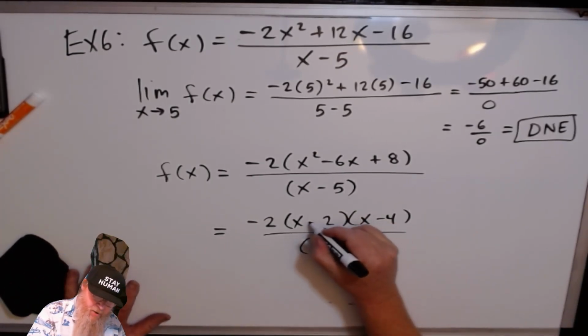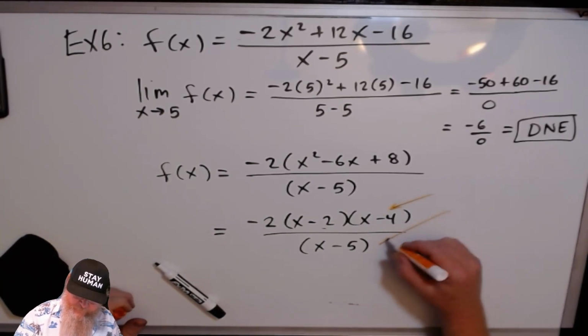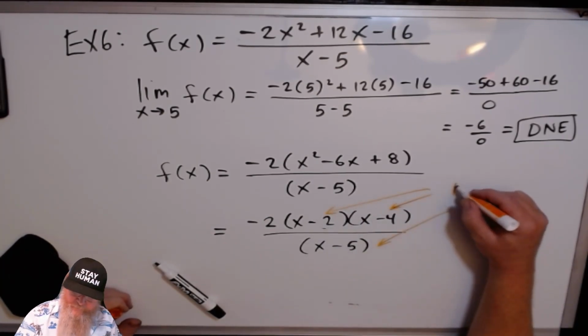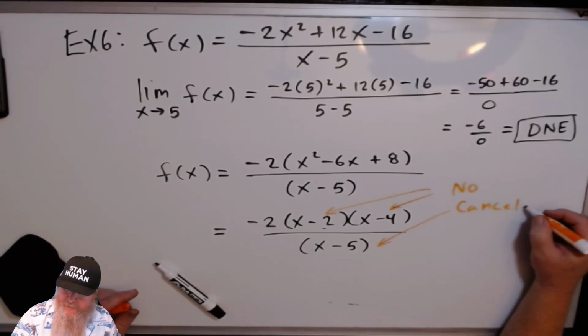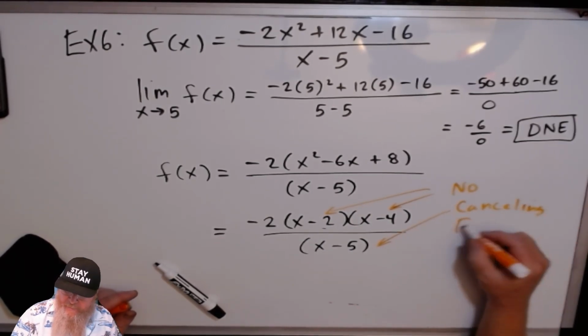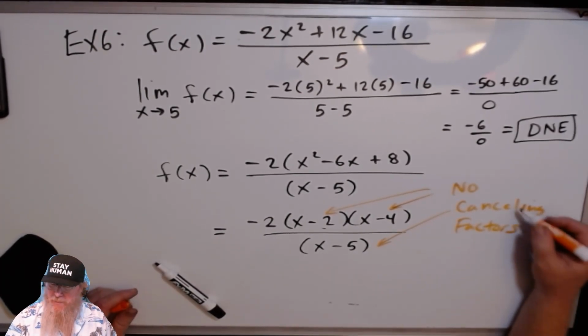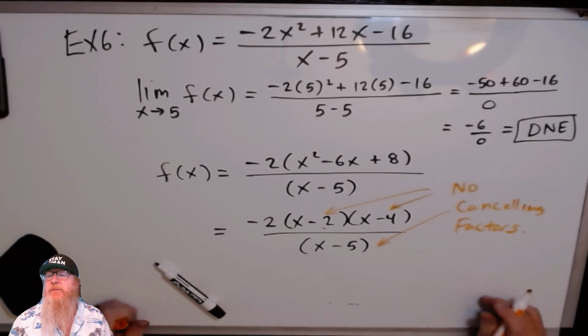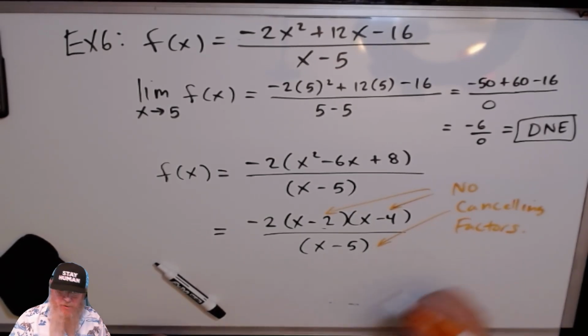And so there are no matching factors. No canceling factors. All right. I always wonder if canceling has 2 L's. I don't know. It doesn't really matter. None of them matches. There's no match on the top and the bottom. So that means there's no hole.